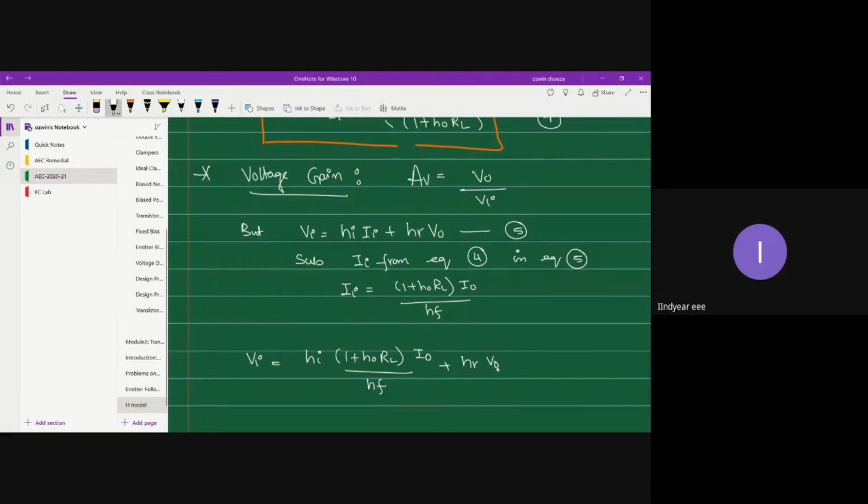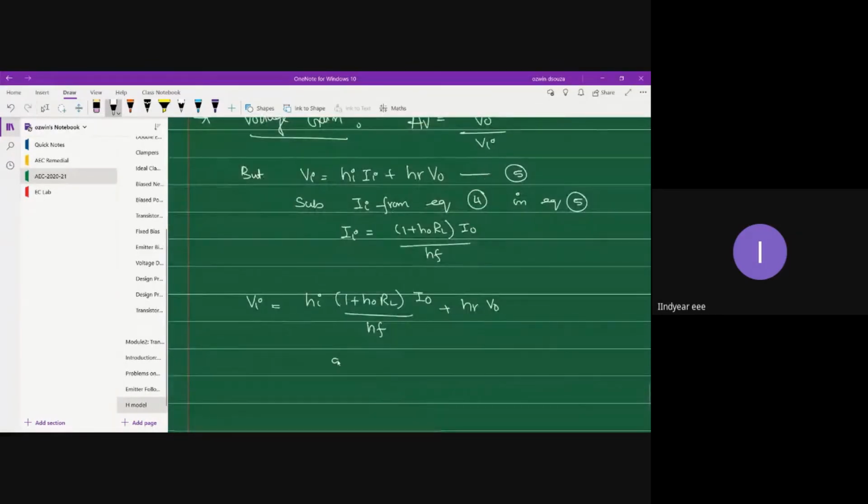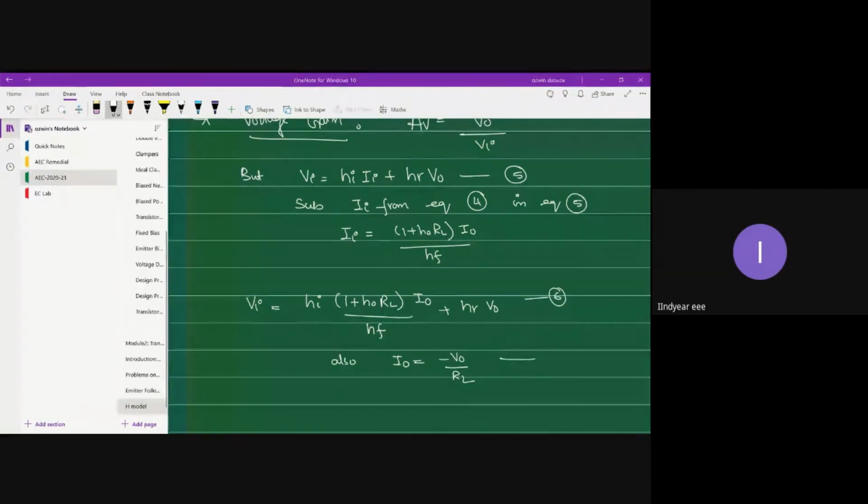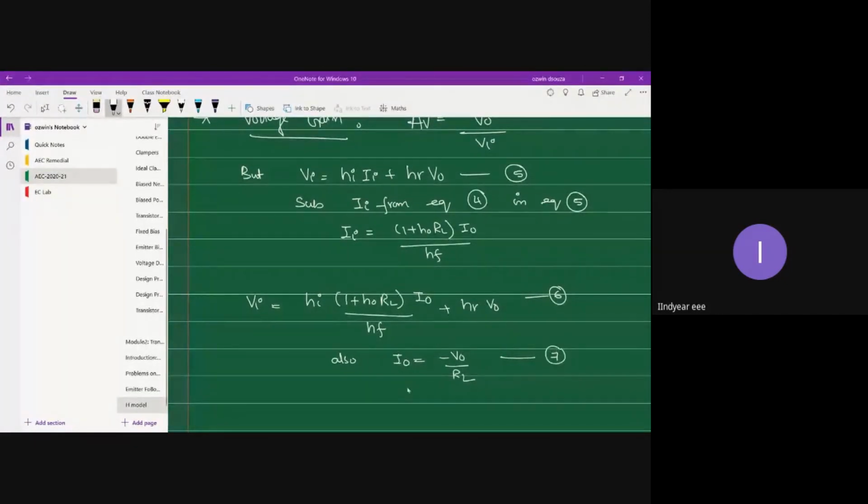Also, you can substitute I naught as minus V naught by RL. Substitute 7 in 6.